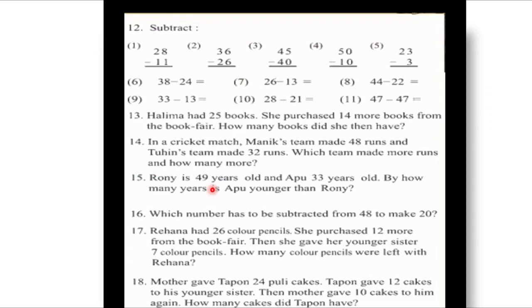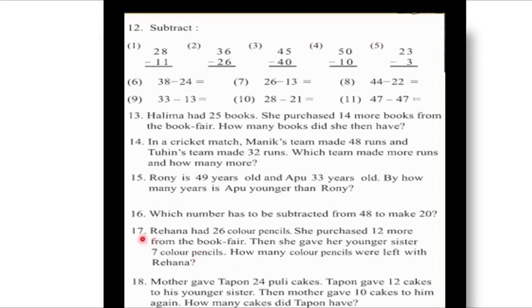Dear students, you can see that in page number 17 there has the question, Rihanna had 26 color pencils. She purchased 12 more from the book fair. Then she gave her younger sister 7 color pencils. How many color pencils were left with Rihanna?